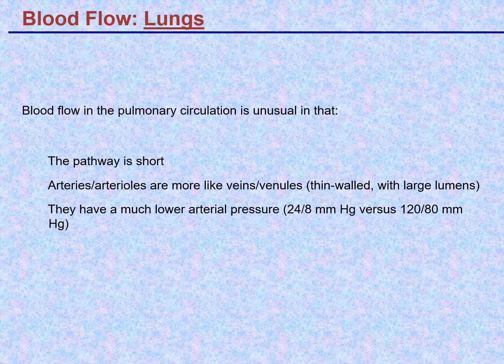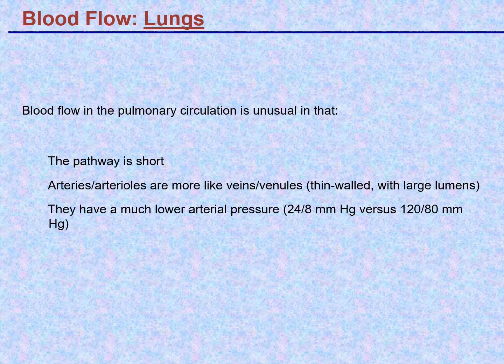Blood flow in the lungs is unusual because, first of all, the overall pathway from the heart to the lungs and back to the heart, the pulmonary circuit, is fairly short. The arteries and arterioles are more like veins and venules. They're bringing a lower pressure blood up to the lungs, and they're carrying blood that's less than fully saturated with oxygen to pick up oxygen and drop off CO2.